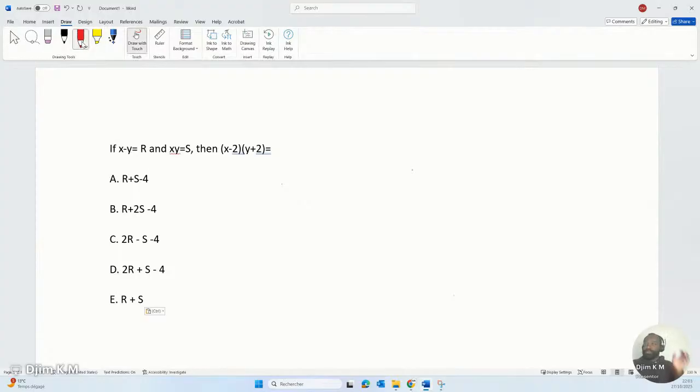Okay. So it says here x minus y is equal to r, and x times y is equal to s.